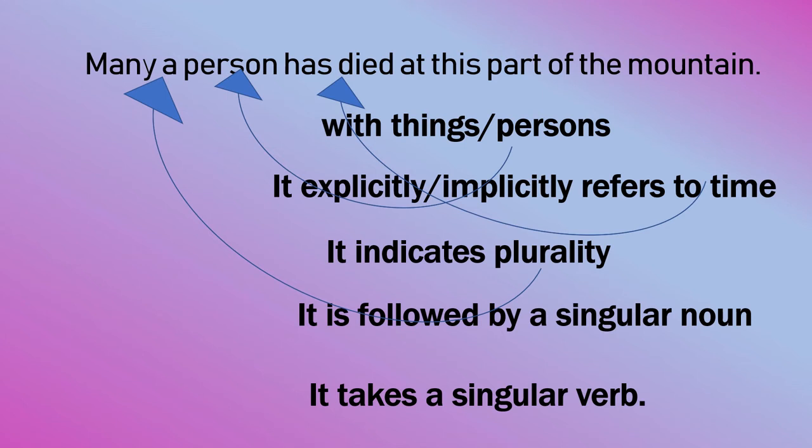Plurality. The fourth characteristic: it's followed by a singular noun. We can see that person is a singular noun and the determiner many a is followed by a singular noun. Now the last characteristic: it takes a singular verb. We can see that has is a singular verb.